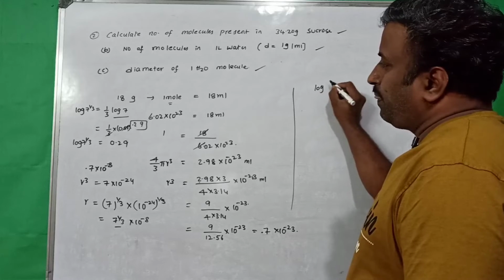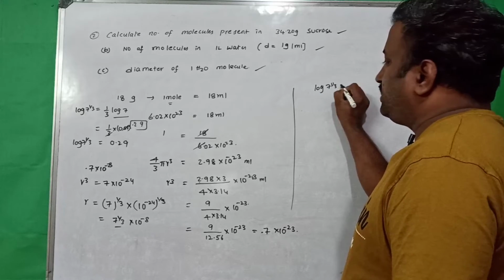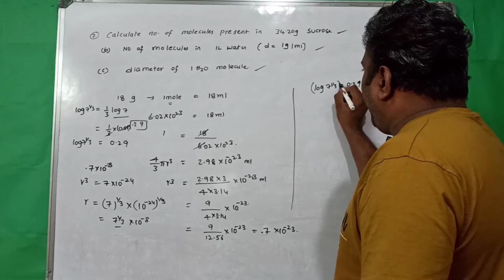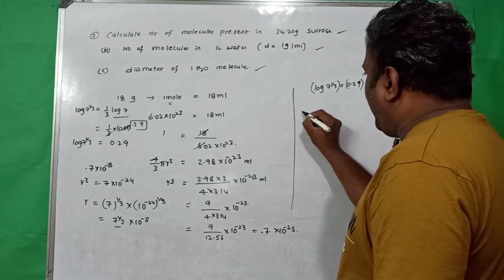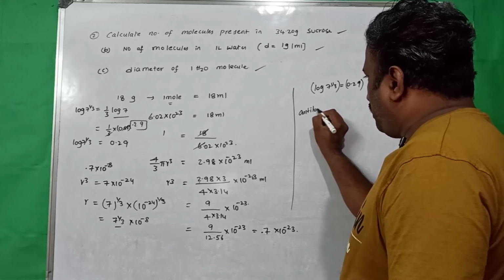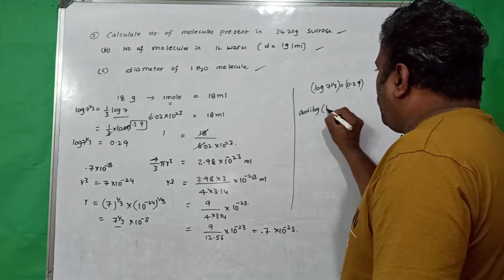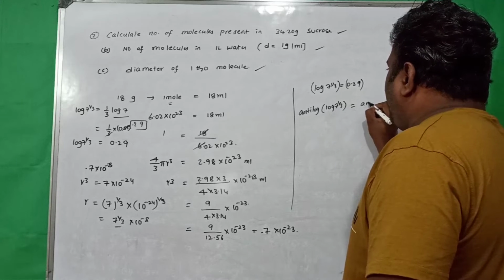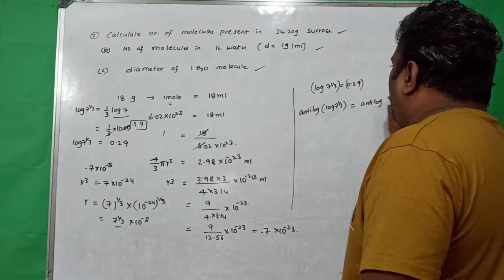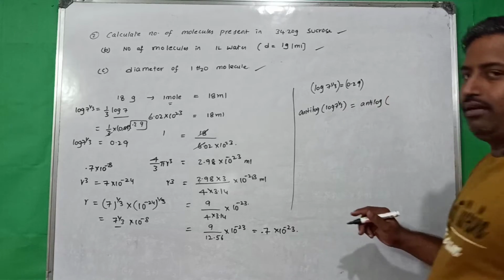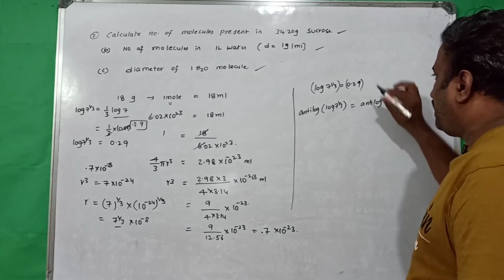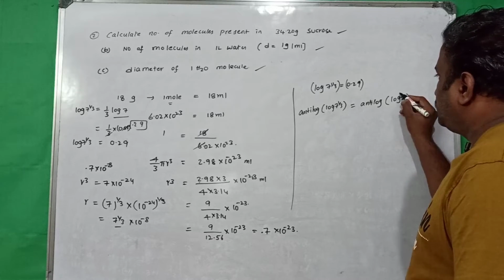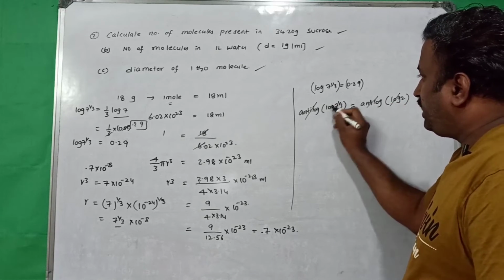Log 7 power 1 by 3 is equal to 0.29. So if you apply anti-log on both the sides, anti-log of log 7 power 1 by 3 is equal to anti-log of 0.29. We can write it as approximately 0.3, that is log 2. Log 2 is 0.3. So anti-log and log cancel.